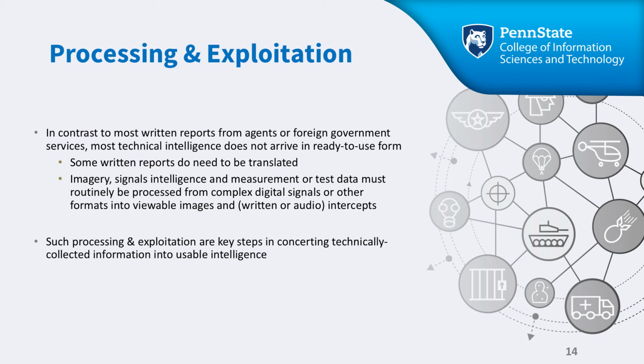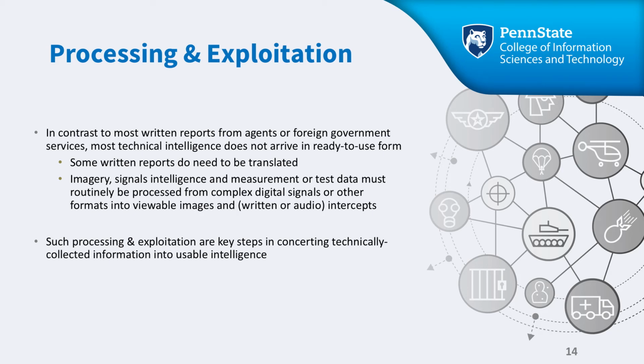Sometimes written reports need to be translated. Various types of imagery, signals intelligence, measurements, and test data, the more scientific stuff, must routinely be processed from complex digital signals or other formats into different types of viewable images for the analysts.